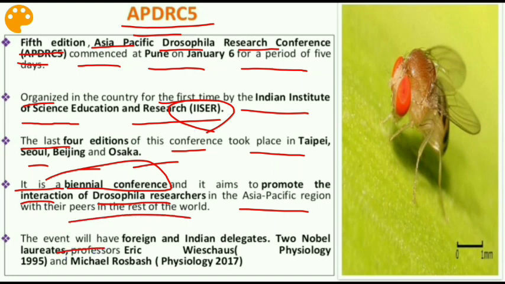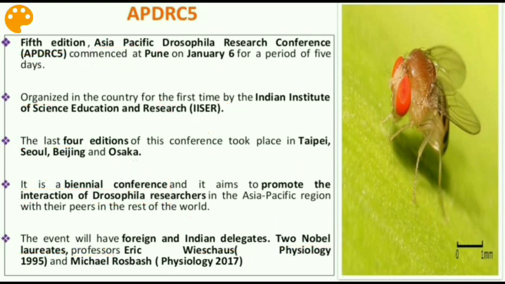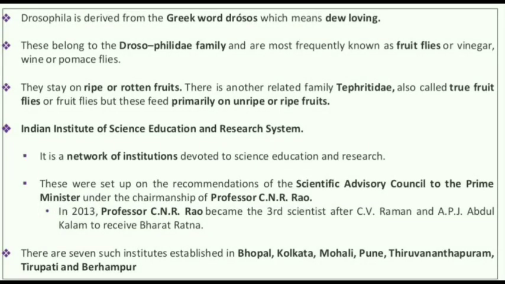The event will have foreign and Indian delegates. 2 Nobel laureates, that is Professor Eric Wieschaus, in physiology in 1995, and Michael Rosbash, who got the Nobel Prize in 2017, will be engaged. Drosophila is derived from the Greek word drosos, which means dew loving.